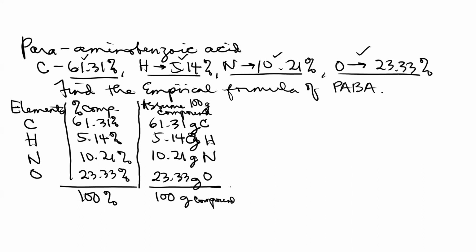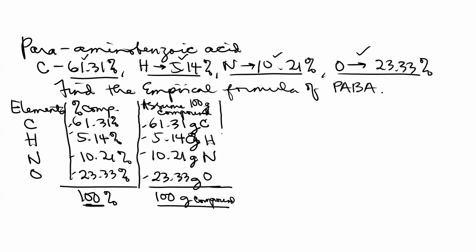Because we have the percent composition of the elements totaling to 100%, therefore, within a 100-gram compound, you will have this same numerical value for the masses of the elements present within the compound.